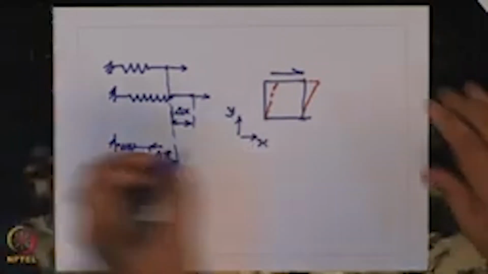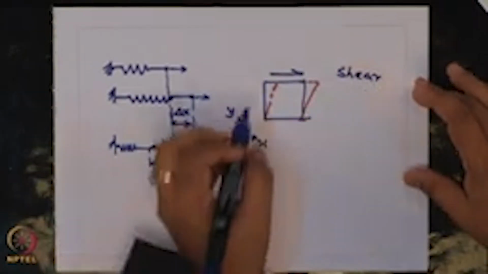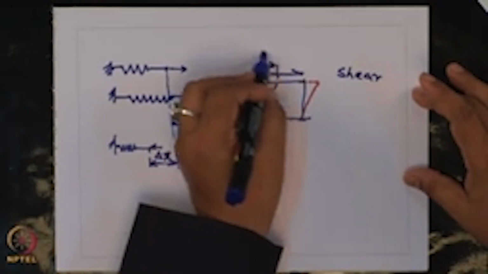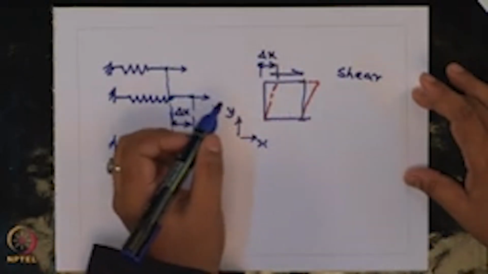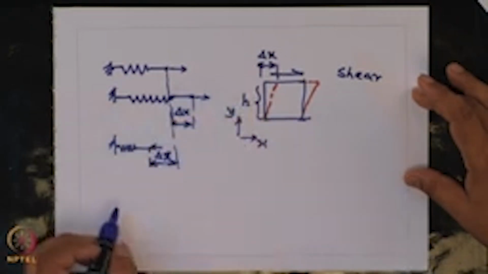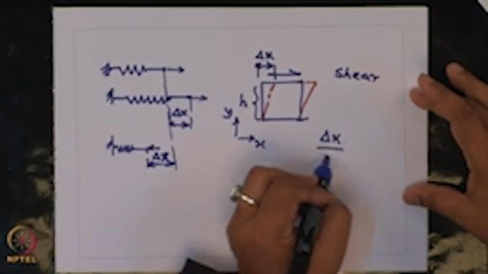This is called shear. You can again have a displacement at the top, which is delta x, and let us say this block is of height h. You define the shear as delta x by h.